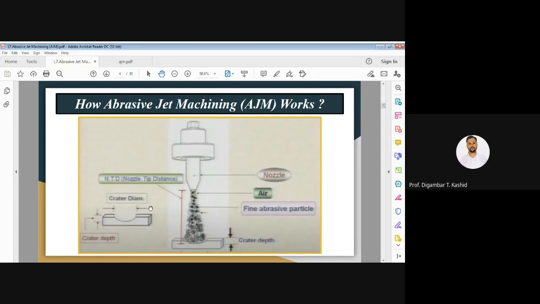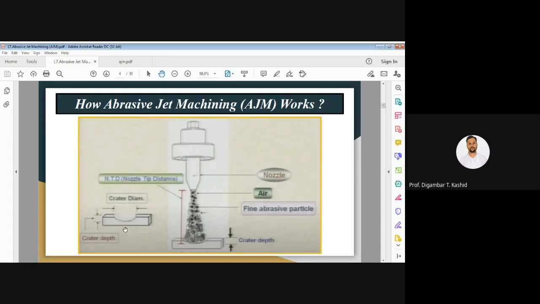Now this nozzle tip distance, NTD, keeps changing, decreasing as the crater depth keeps on increasing. As the crater depth increases, the nozzle tip distance also changes. You can see here that the depth is going to change.